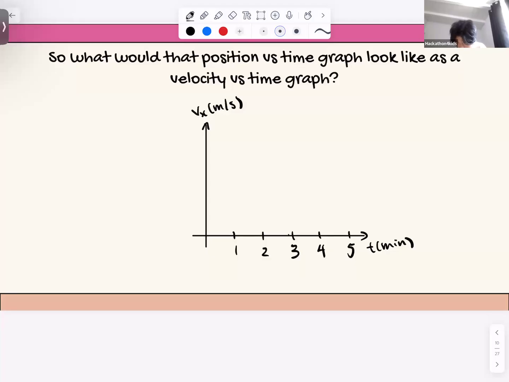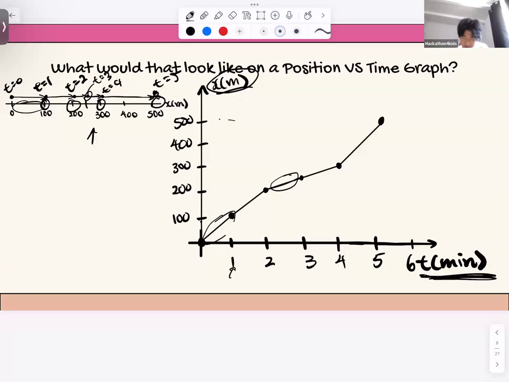Okay. So let's just try finding the velocity for these time intervals then. Okay, so now we know that velocity is the slope of a position versus time graph. Let's just find out the slope then. Okay, so from here it's from 0 to 2. This is a straight line. So let's just find the slope of that.